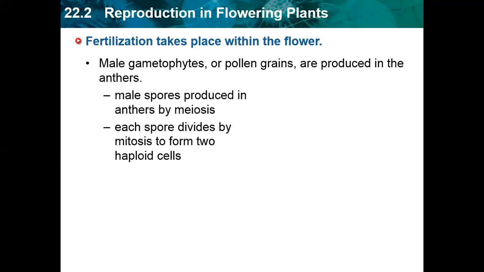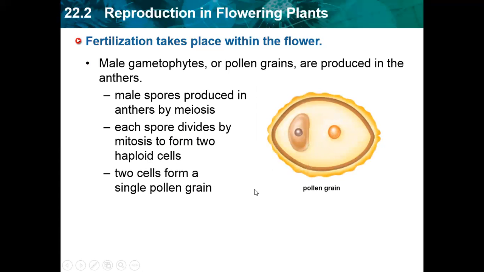Meiosis is a method by which the male spores are produced in the anther, and each spore divides by mitosis to form two haploid cells. And the two cells form a single pollen grain. So this is an example of a pollen grain.